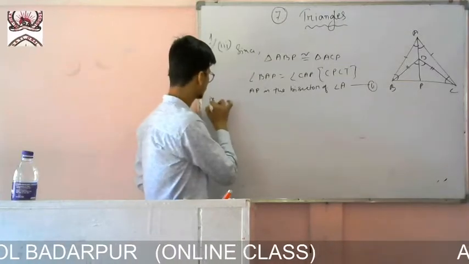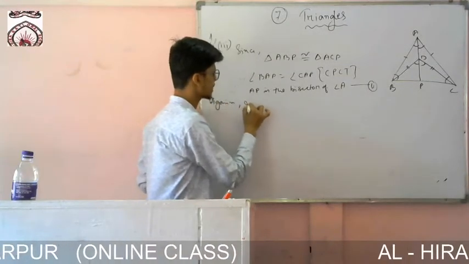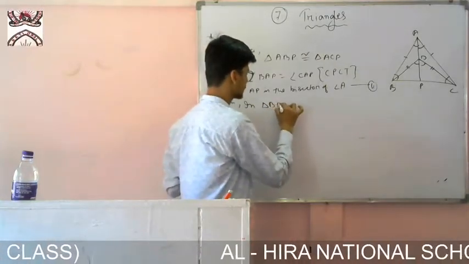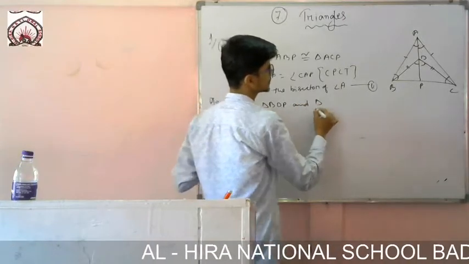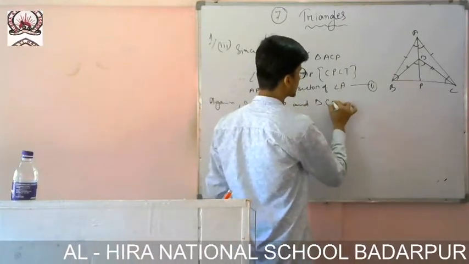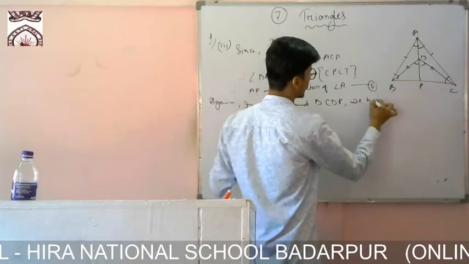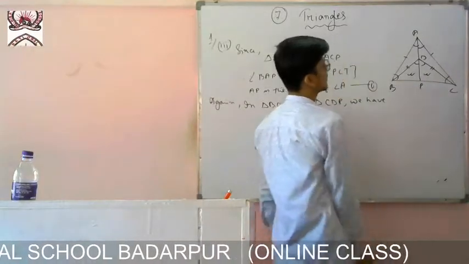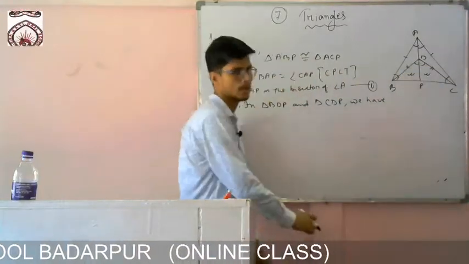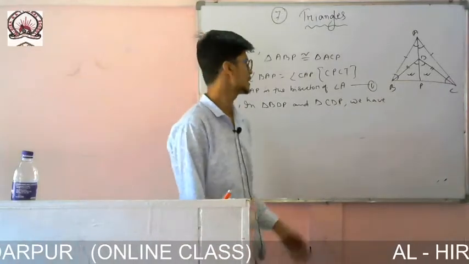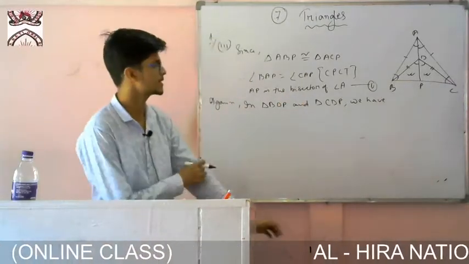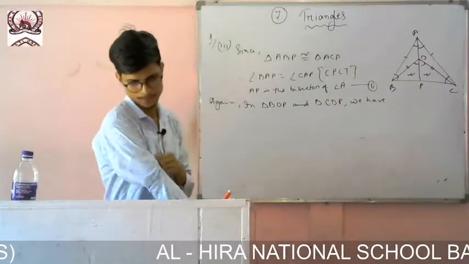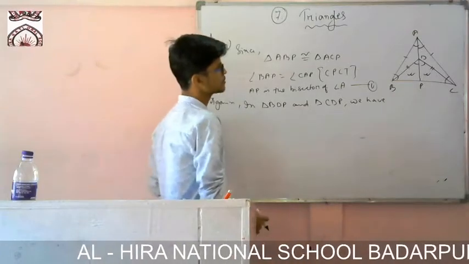So write again, in triangle BDP and triangle CDP, we have, why I am proving this one, because if I don't prove that these two triangles are congruent, then I cannot say that these two angles are also equal, and then I cannot show that AP is the bisector of angle A. So in triangle BDP and triangle CDP, we have BD equals CD.